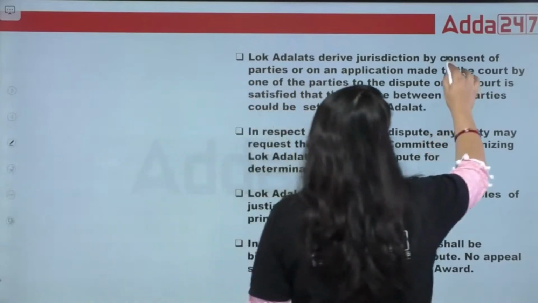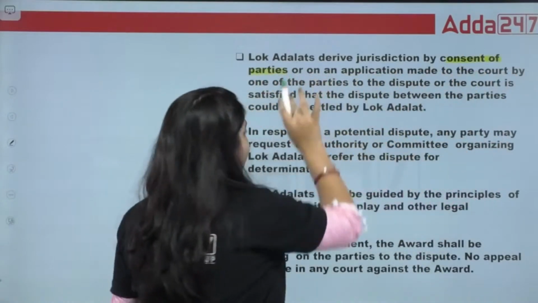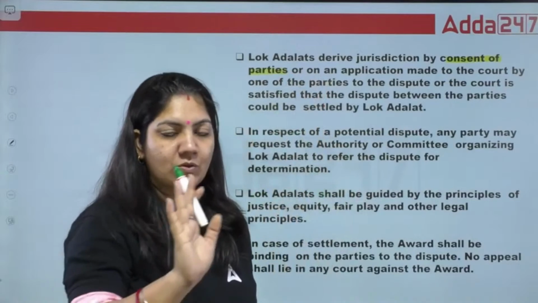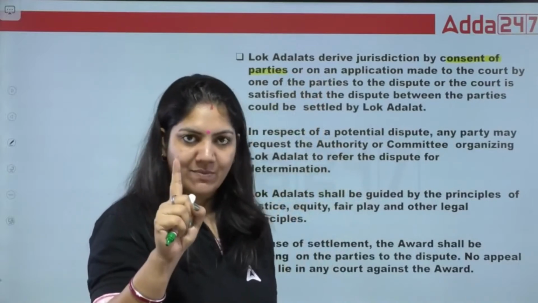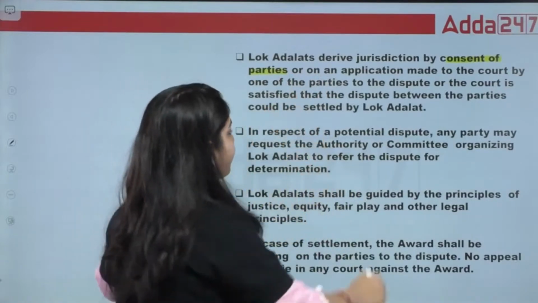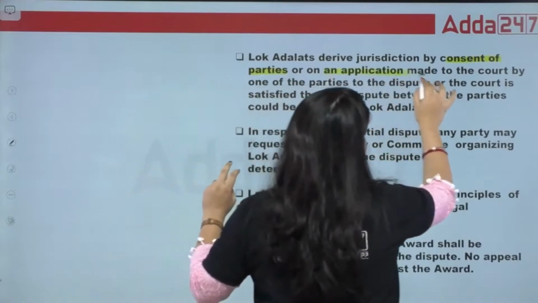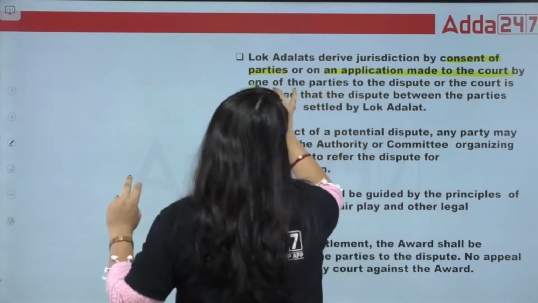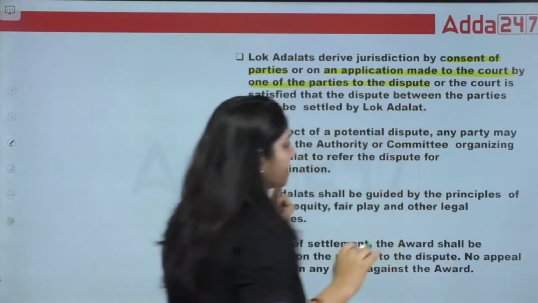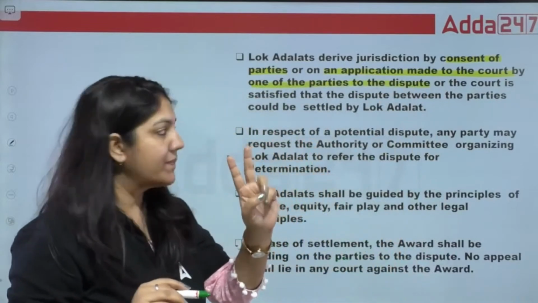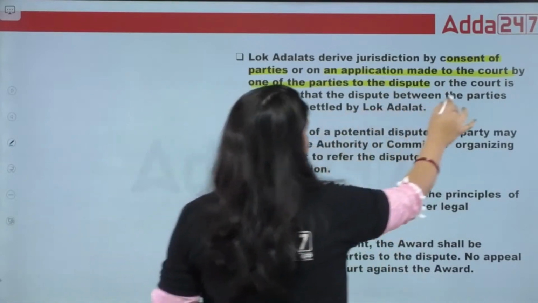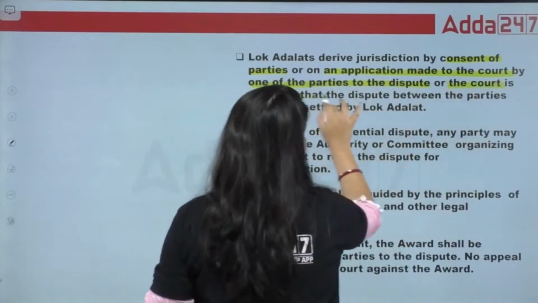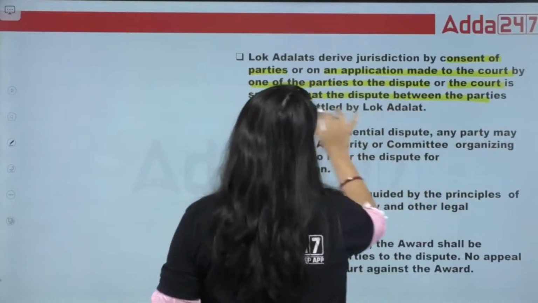It means, class, if both parties agree that the matter should go to the Lok Adalat, then the matter can be taken up. Second point, when one party files an application to the court, by one of the parties to the dispute. Third point, the court is satisfied that the dispute between the parties could be settled by the Lok Adalat.